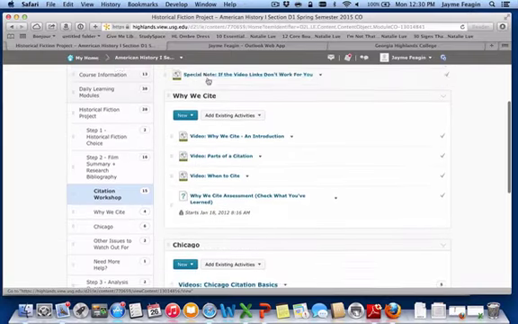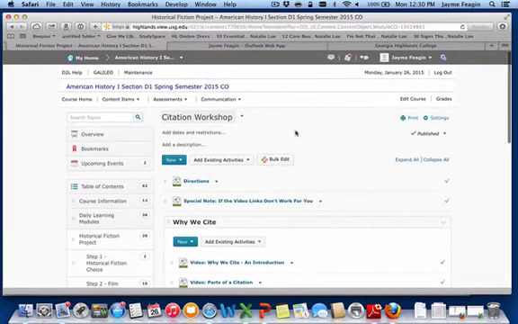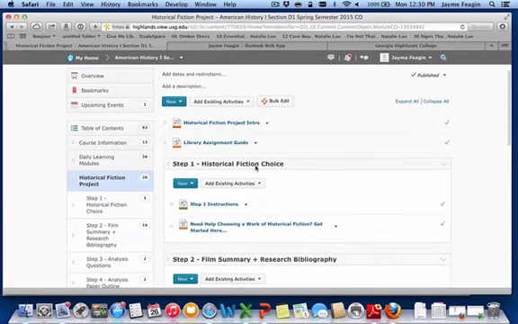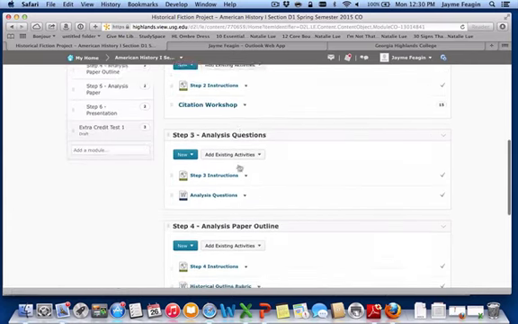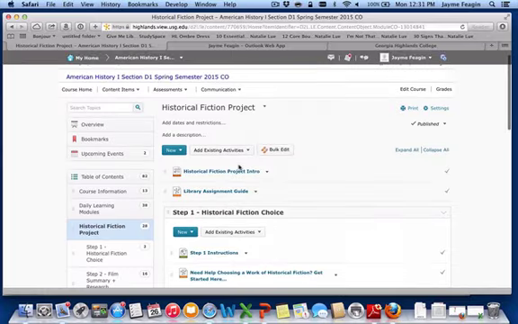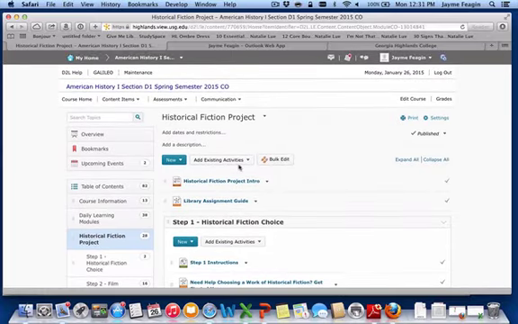In D2L, I have provided you with a historical fiction project module. It has an intro to the historical fiction project, your library assignment guide, and then instructions for each of the steps. The due dates can be found in the calendar and on your syllabus.